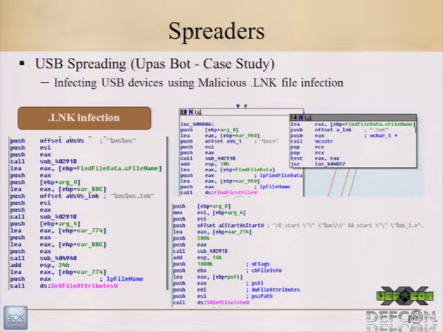The disassembly gives you an idea how it does that, and it simply places the link there along with the bot. So whenever the USB is inserted into another system, it checks for the autorun file as well as the malicious link file, and then it triggers the exe file on the system, spreading the bot from system to system. This technique works pretty well, and it's been one of the core techniques of the UPass bot.